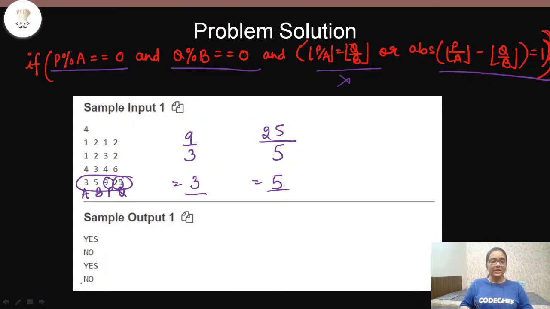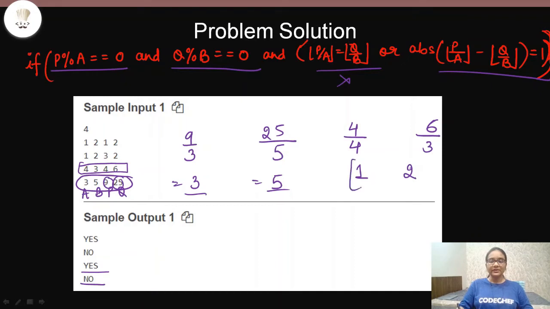So that's why the answer is no. But if you see this other test case and put it in this condition, you will get a yes, because 4 divided by 4 is 1, and 6 divided by 3 is 2.